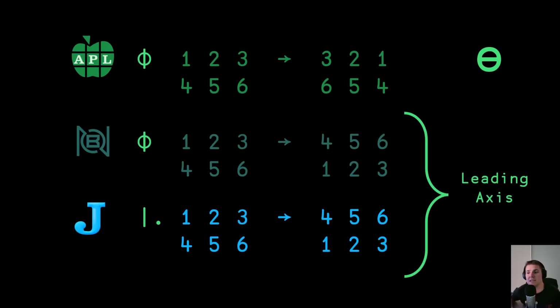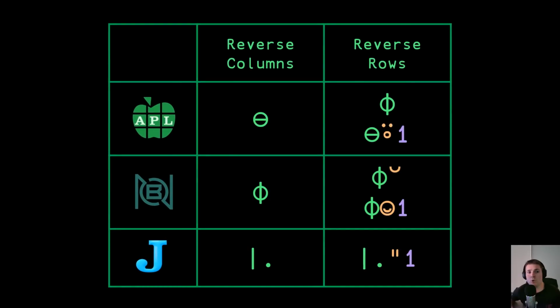So to break this down in table format, there's one way to reverse columns in APL, BQN, and J, but then there's multiple ways depending on the language except for J. So you basically want to modify the rank that your reversal is working on when you're using a leading axis operator.